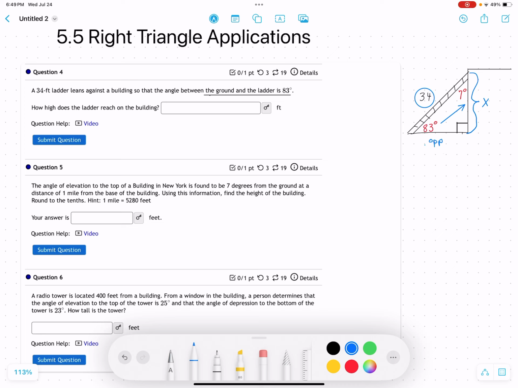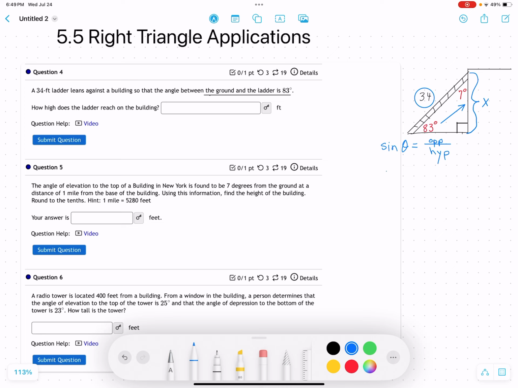So I've got the opposite and the hypotenuse. So, SOHCAHTOA, the sine is equal to the opposite over the hypotenuse. The sine of the angle, I'm going to use theta to represent an angle, is the opposite over the hypotenuse.